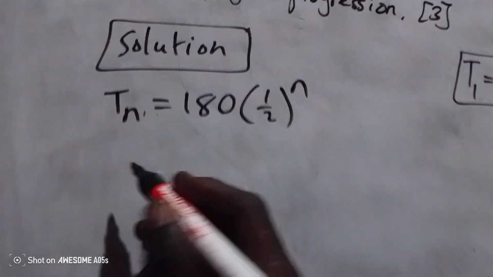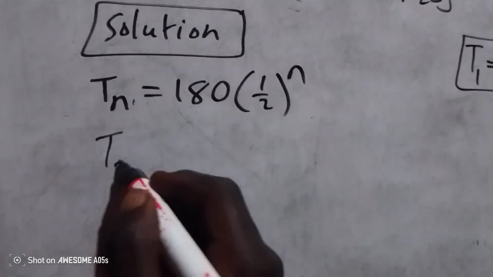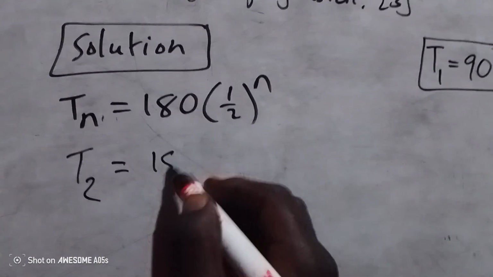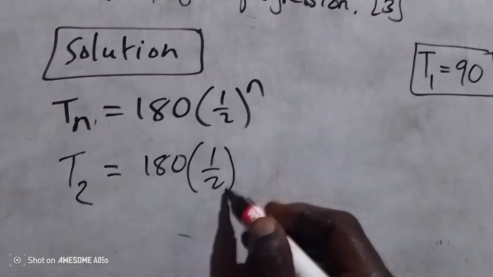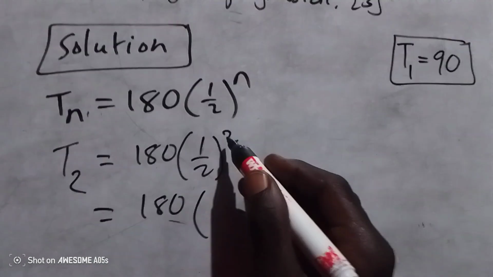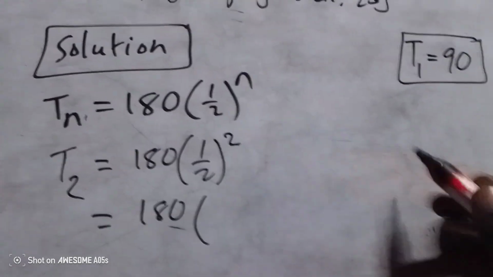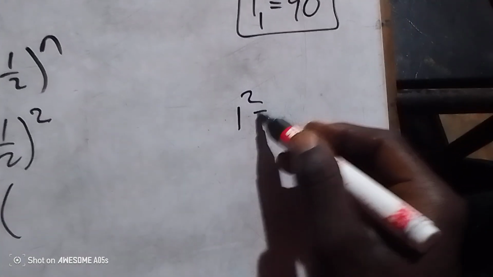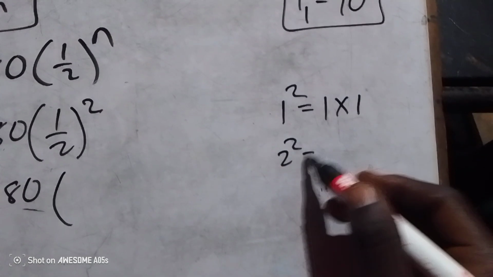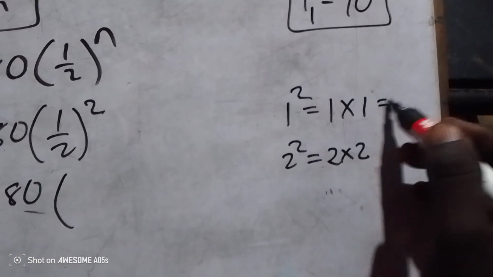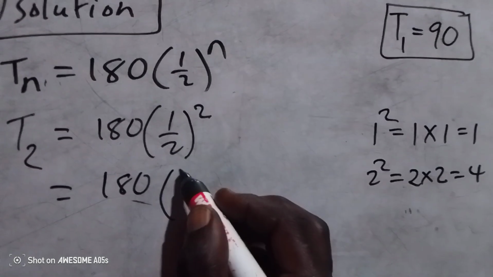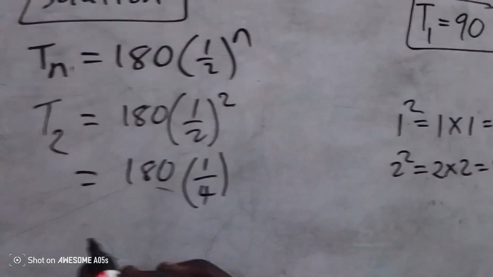Okay, so we go now for T2. The idea is just to change this n, so we change it to a 2. 1 power 2 means 1 times 1, and 2 power 2 means 2 times 2. This is 1, this is 4. So at this point, we have 1 over 4.